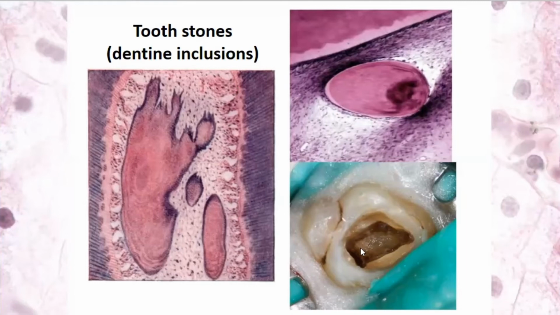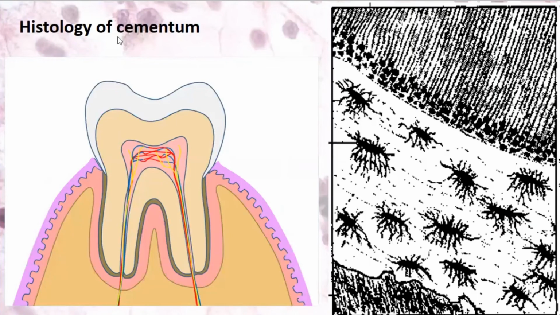But usually pain in teeth is caused by caries and irritation of processes of odontoblasts in the dentine, and also inflammation of pulp, and it causes irritation of nerve endings here. But one extra cause of pain in teeth is the presence of tooth stones.